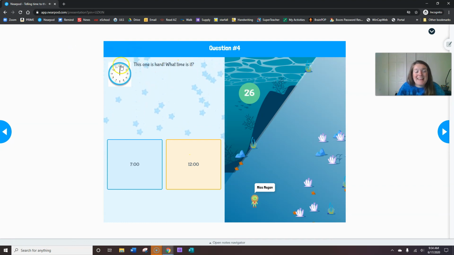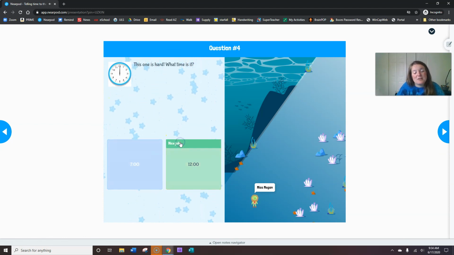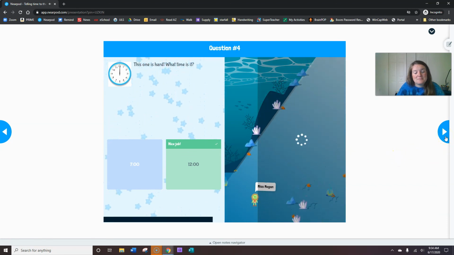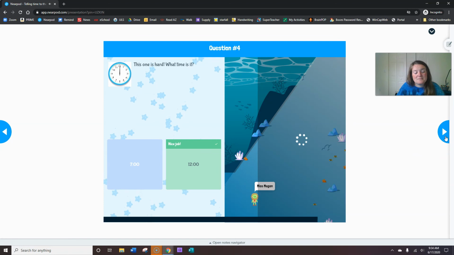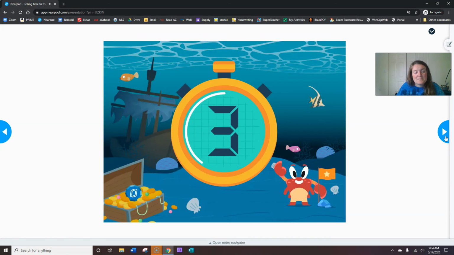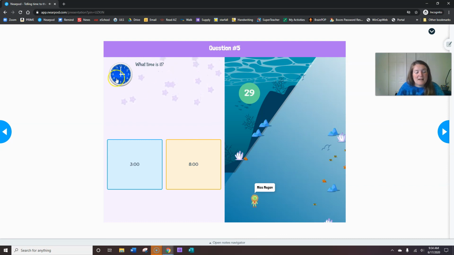The little hand and the big hand, you can't see them both because they're both on the 12. So the little hand on the 12 means it's 12 o'clock with the big hand on the 12 too. What time is it? So my little hand's on the 3 and my big hand's on the 12. 3 o'clock.